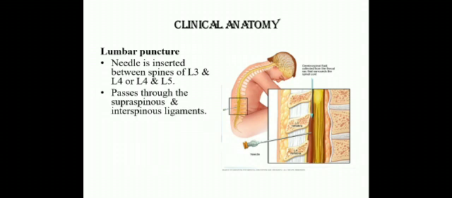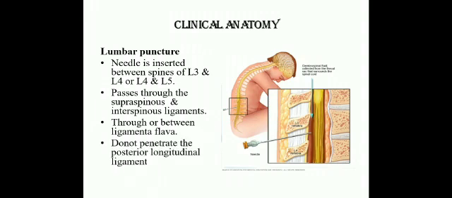It passes through the supraspinous and interspinous ligaments and through or between ligamentum flava. It does not penetrate the posterior longitudinal ligament. Once we enter the dura, it will give a sensation of give.